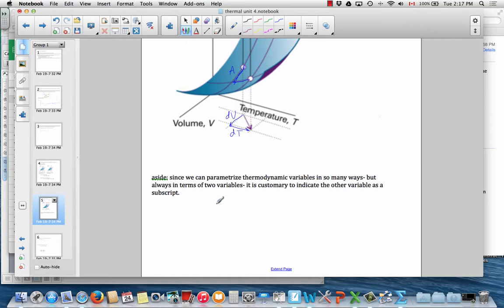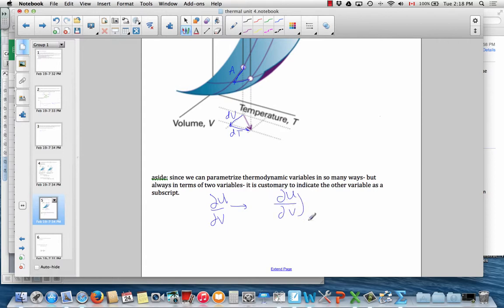Now, we above just wrote partial of u with respect to V, but it is possible to parameterize the internal energy in terms of other variables too, not just volume and temperature. You could also do pressure, you could also do entropy. So it's customary for us to indicate what the other variable is that we're parameterizing.